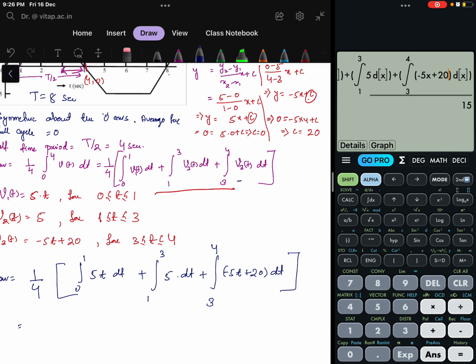Okay. So this is correct. Let me just cross-check it. First is 5x, then 1, 2, 3, 5 into dx, yes, then the last one is minus 5t plus 20.